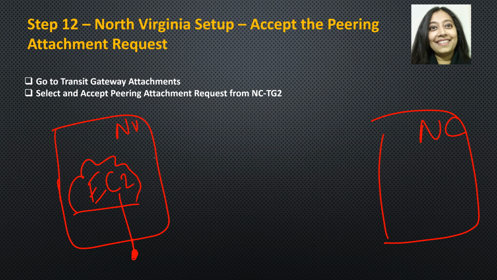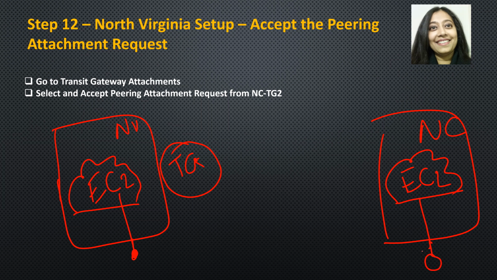And you also have a transit gateway attached to yourself. Over here, you again have your VPC. You have your EC2. This EC2 has a private IP address, so no public IP address, and has its transit gateway.